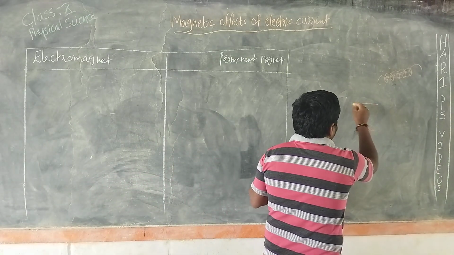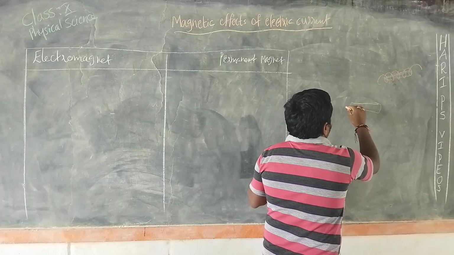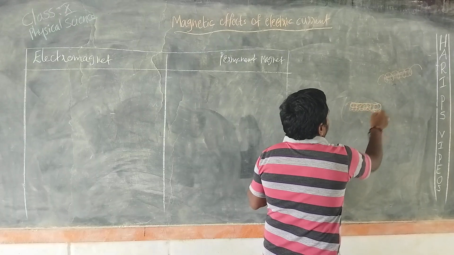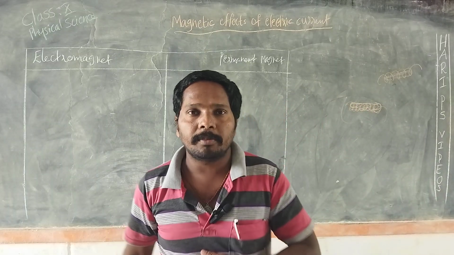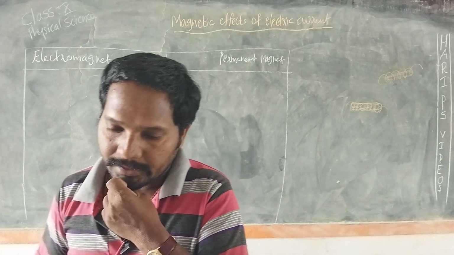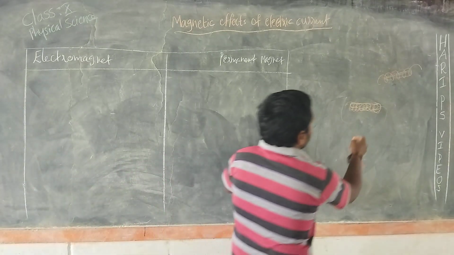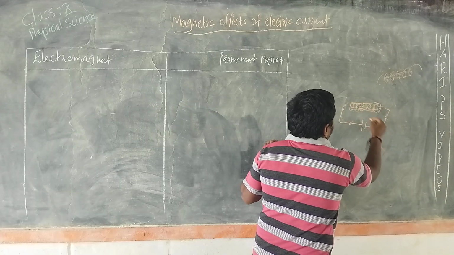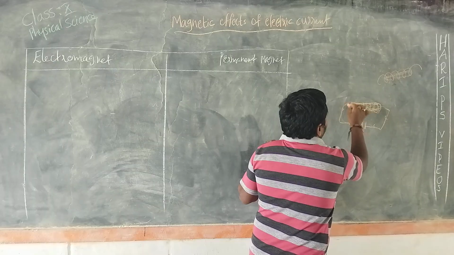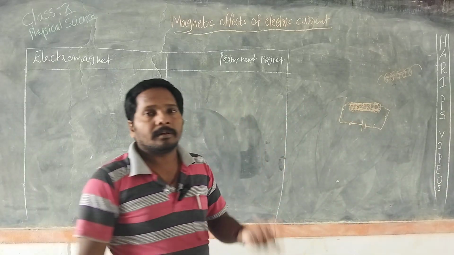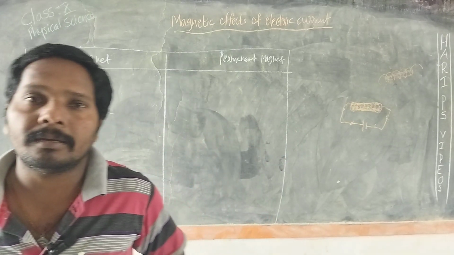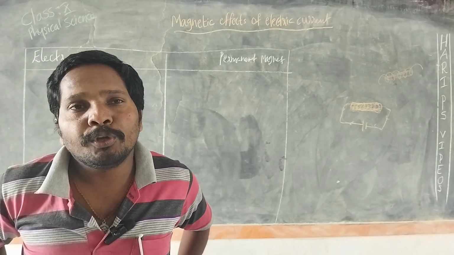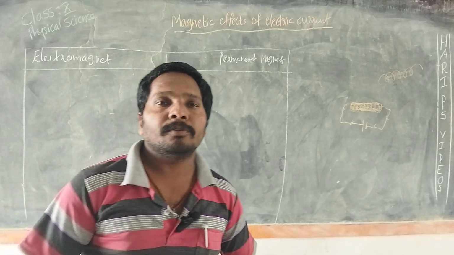So if we wrap insulated copper wire around soft iron and pass electric current through it, it acts as a magnet. By passing electric current, the soft iron turns into a magnet. Such a magnet is called an electromagnet.